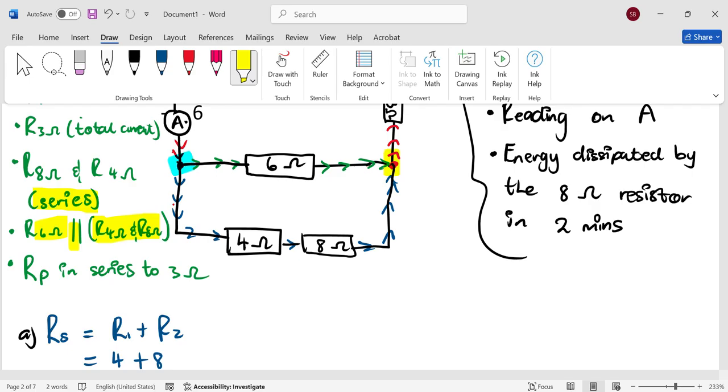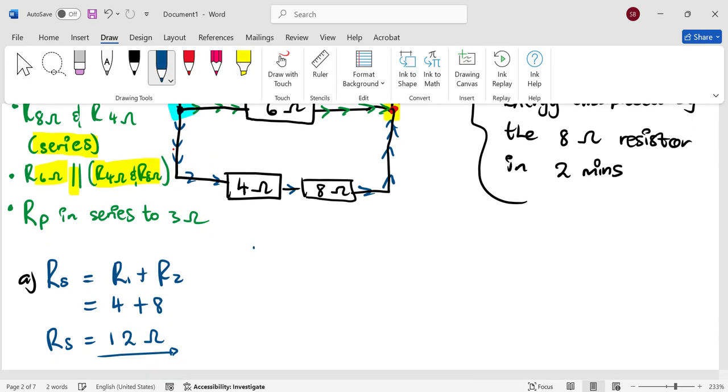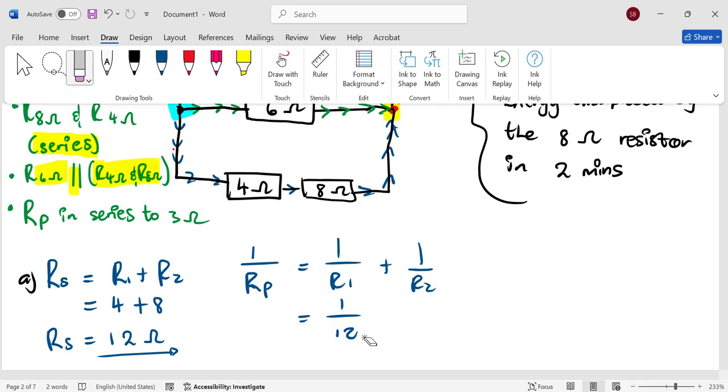Now I can use my parallel equation and I can say that 1 over Rp, the parallel resistance, equals 1 over R1 plus 1 over R2. Now that would be 1 over the 12, which is the resistance in series, plus 1 over the 6.